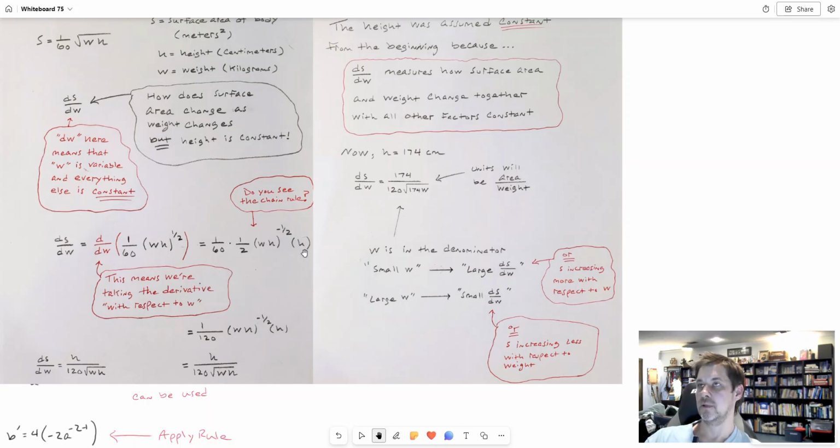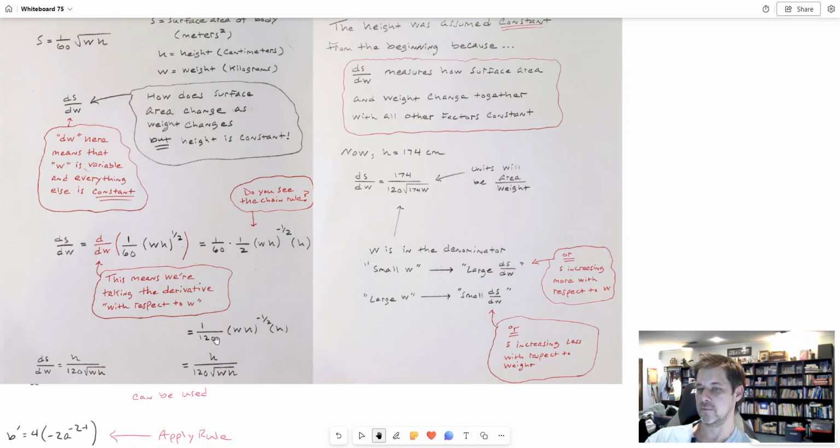Okay, it's sort of like if you're saying, what's the derivative of 4x? It's 4. Okay, what's the derivative of 11x? It's 11. It's like that. So the derivative of w times h, considering that w is a variable and h is a constant, is h. Okay, so I get that, and then I can combine some obvious things here, like 60 times 2, that's 120.